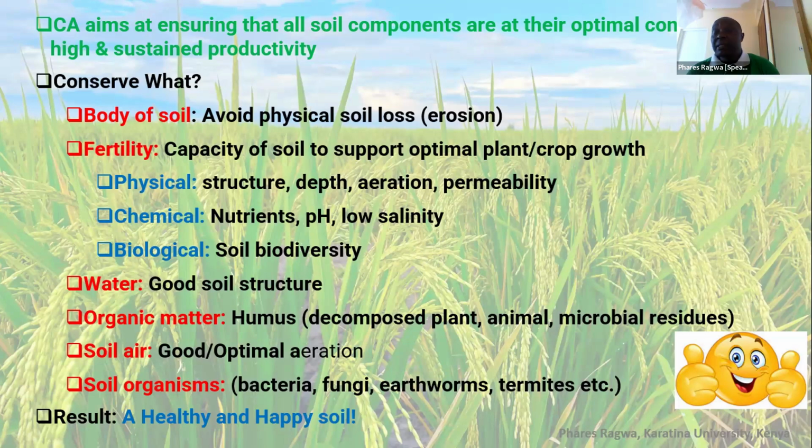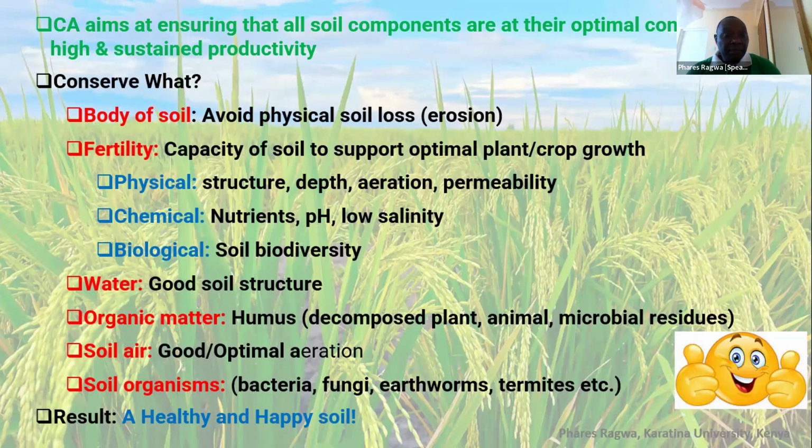Then we have the organic matter, also referred to as humus, very important because it enhances the structure of the soil and contributes to very important processes like water retention, aeration, and also to fertility, the release of nutrients to the crops.